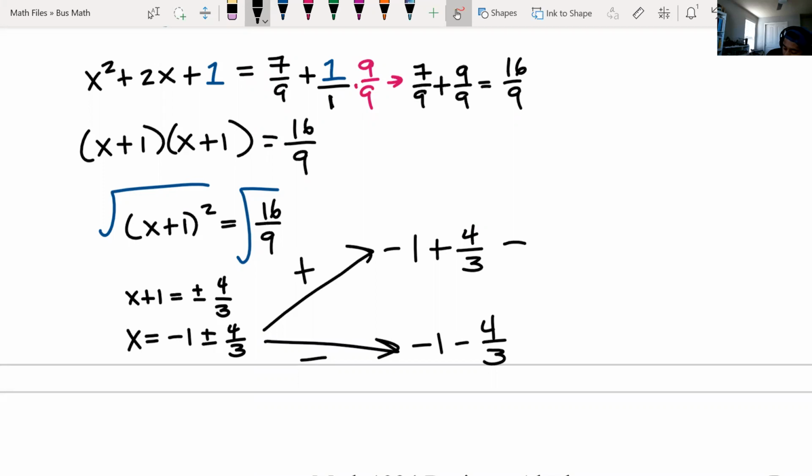Like I said, if you do the fraction trick, what's -1 times 3? -3. And what's -3 plus 4? 1. So this means that you're going to get 1/3. There's your first answer.